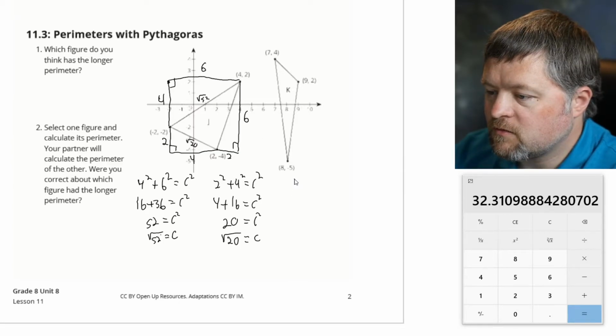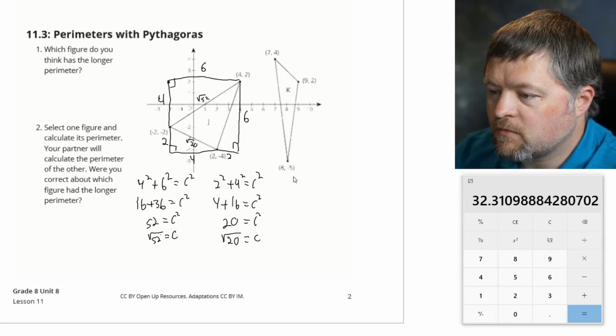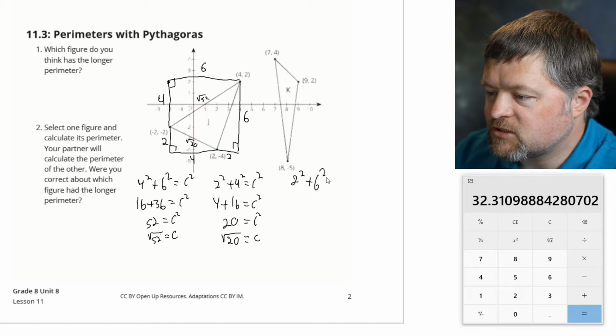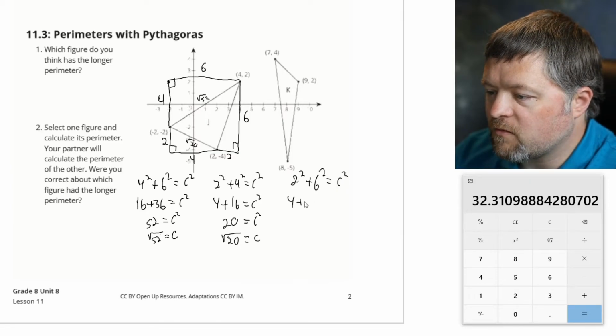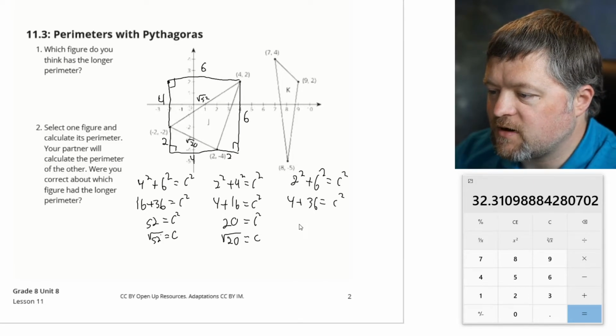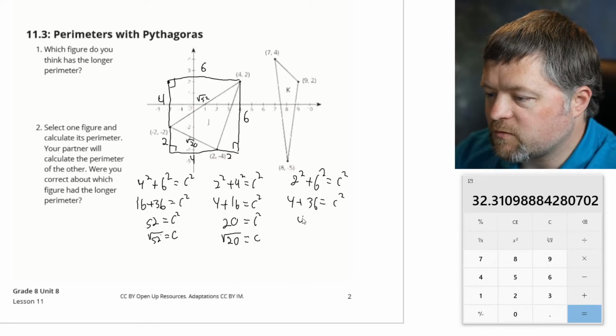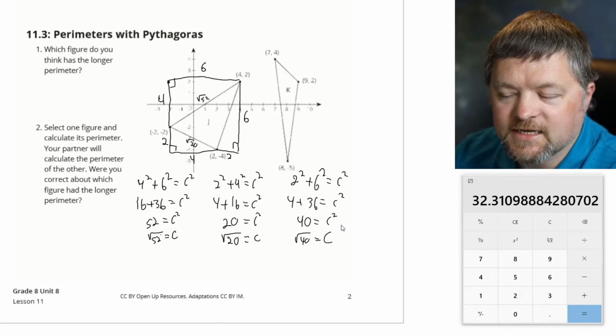So 2 squared plus 6 squared equals c squared. 4 plus 36 equals c squared. 4 plus 36 is 40 equals c squared. So the square root of 40 is equal to c.